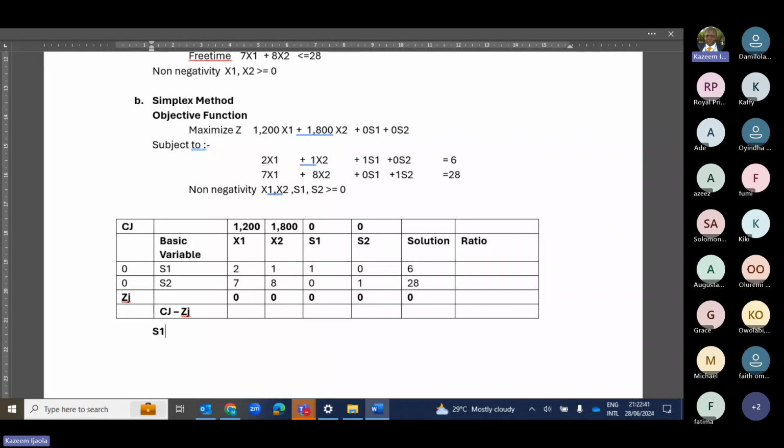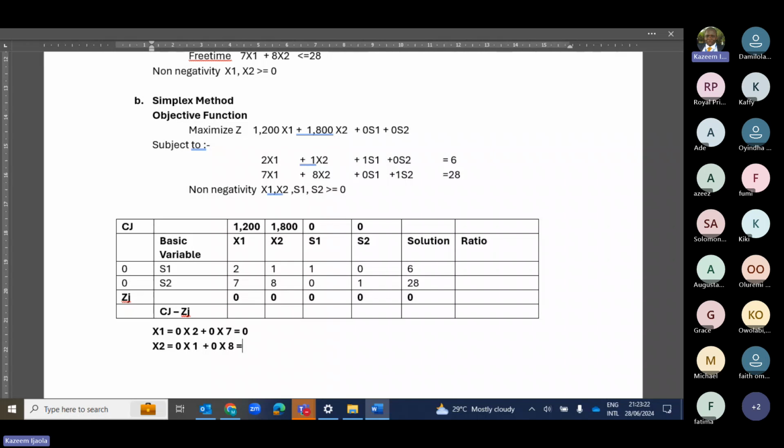If I want to calculate Zj for X1, it will simply be 0 multiplied by 2 plus 0 multiplied by 7. Everything will return as 0. If you do it for S2, it will be 0 multiplied by 1 plus 0 multiplied by 8.